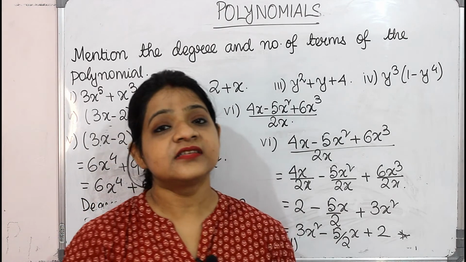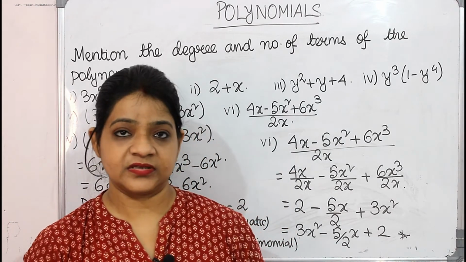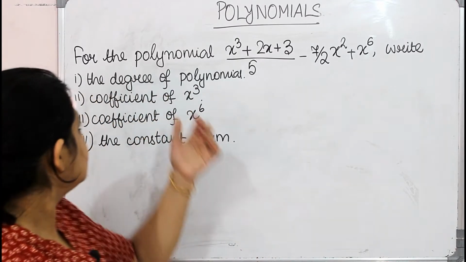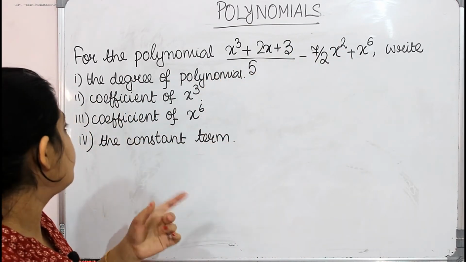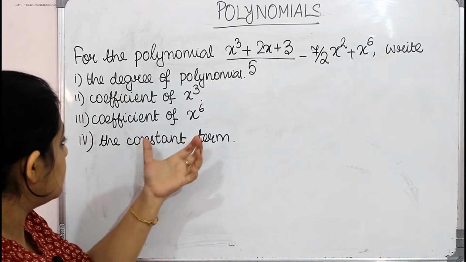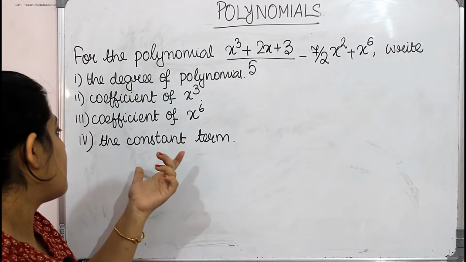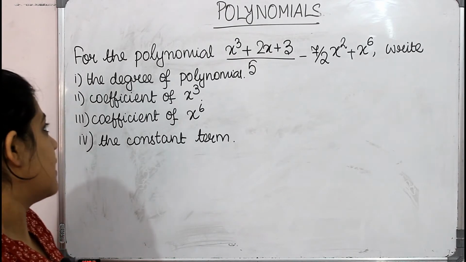Okay. So let's take some other examples. The next sum is for the polynomial, this expression, write the degree of polynomial, coefficient of x cube, coefficient of x to the power of 6 and the constant term. Okay.